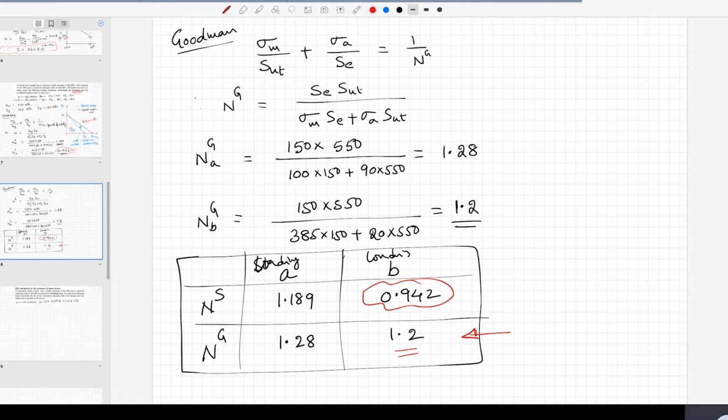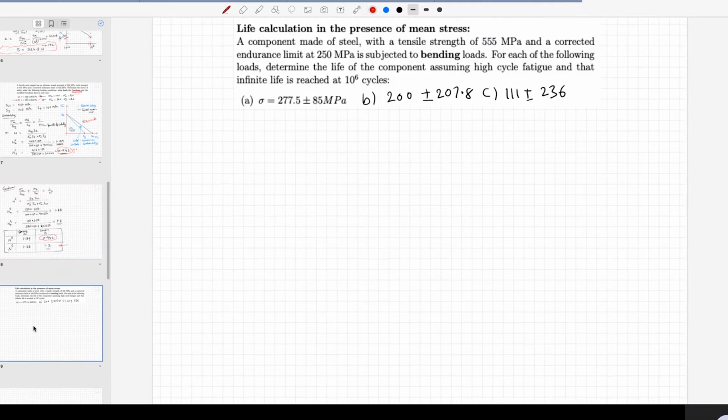All right, let us look at another problem. How do we go about calculating the life in the presence of mean stress? Here we will look at three different stress states, and then we will make a comparison in the end.